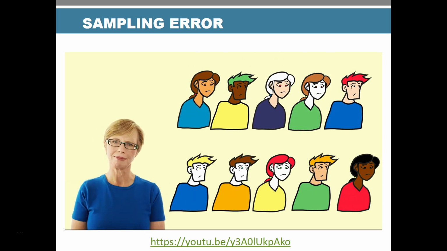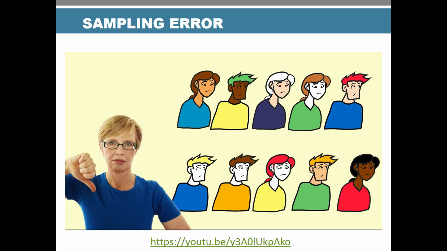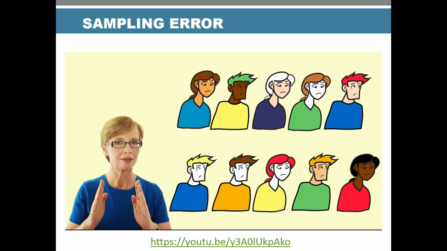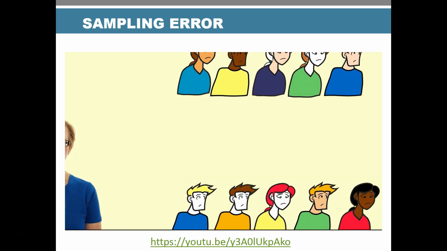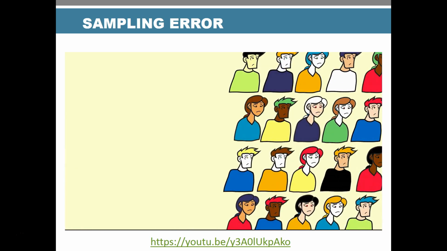Do you think you and I would get the same mean or average? I presume you said no, because that is correct. Because our samples will include different people, we are unlikely to get the same mean or average. That is another kind of variation. The fact that our samples included different people is the underlying cause of sampling error or sampling variation.